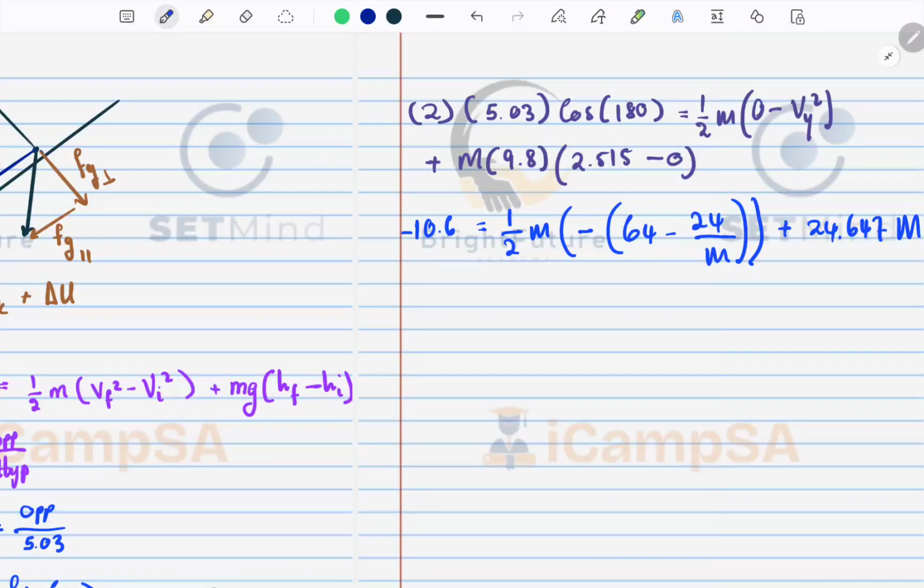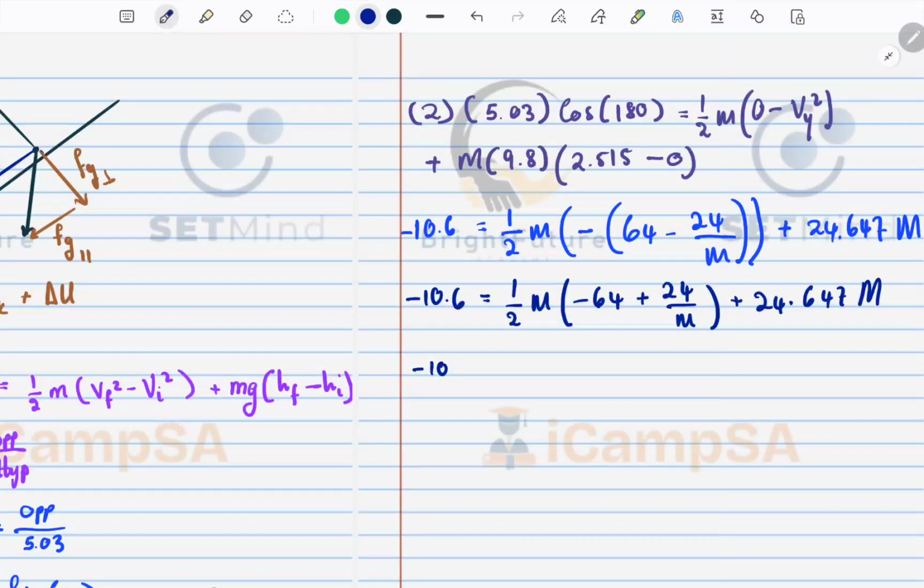So you can just see from this that it's a matter of just manipulating this. We can then say minus 10.6 equals minus 64 plus 24 over m plus 24.647 m again. And then we can just carry on with this minus 10.6.